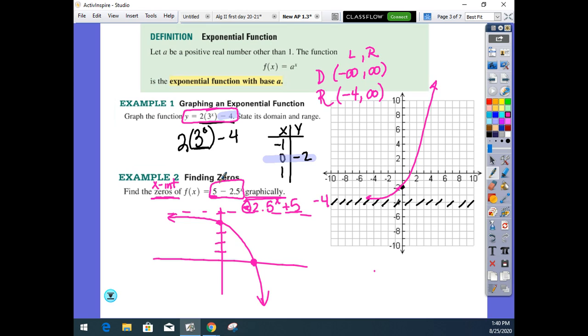Push zoom, the middle gray button. Look at number 6, Z standard. Go ahead and push that 2 times, and that will always make your viewing window -10 to 10 for both X and Y.